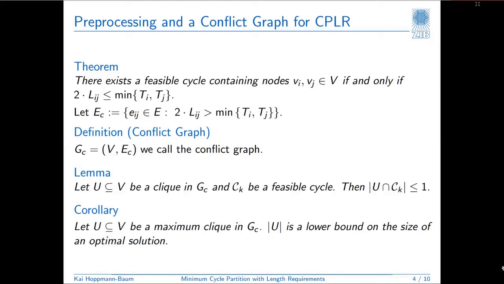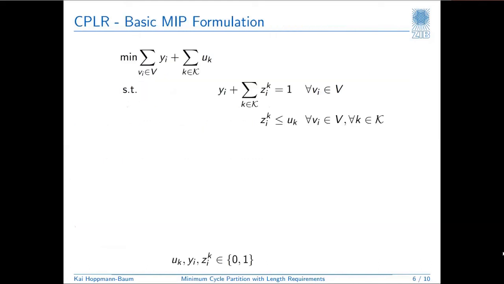Because later, for our mathematical program, our mixed integer programming formulation, we will derive some valid inequalities through it. So next we want to present the mixed integer programming formulation that we developed for CPLR. We have, first of all, three kinds of binary variables.